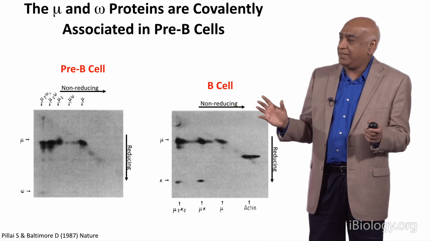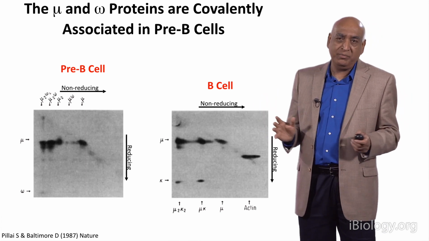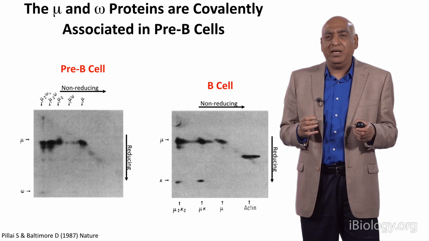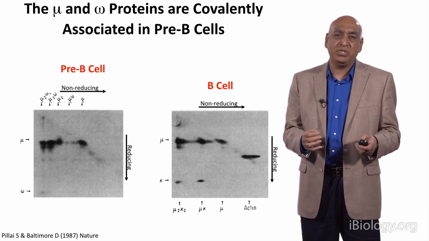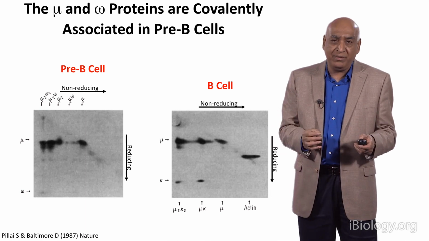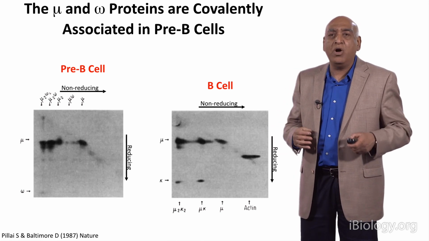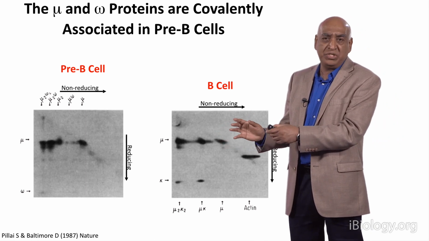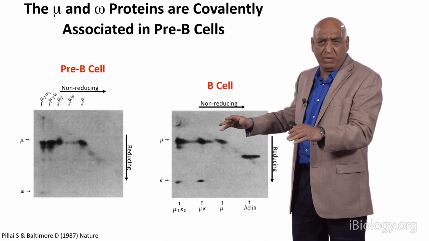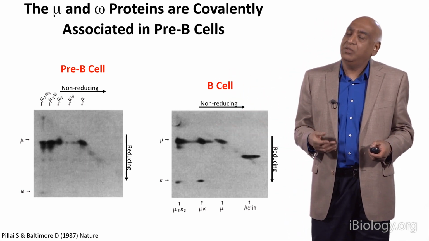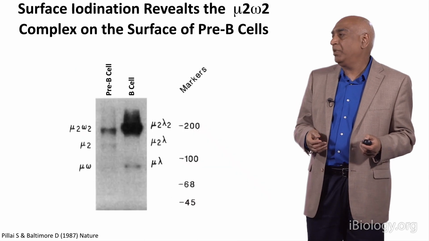So this established quite clearly that the heavy chain protein was physically in disulfide linkage with a light chain-like protein in pre-B cells, and these pre-B cells had not gone through any VDJ recombination for the light chain gene. The light chain genes, kappa and lambda, were completely germline, but they contained this other protein which behaved like a light chain, which we call the surrogate light chain.